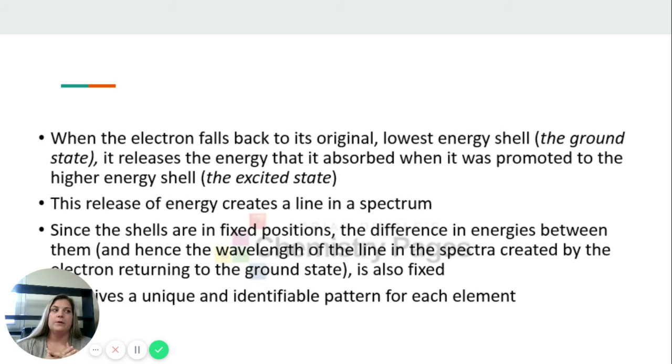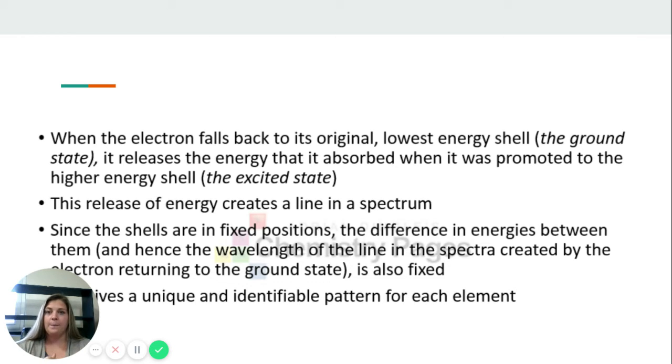And when it releases out, it releases energy in the form of light, because a different amount of energy is going to be associated with different wavelengths. So we see different colors of lines in a spectrum. Cool.